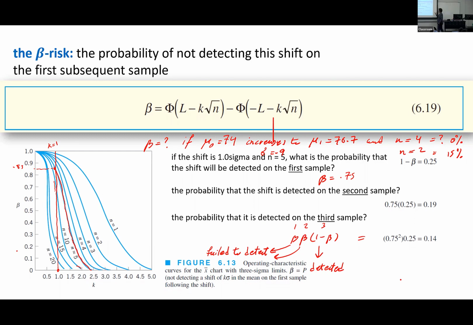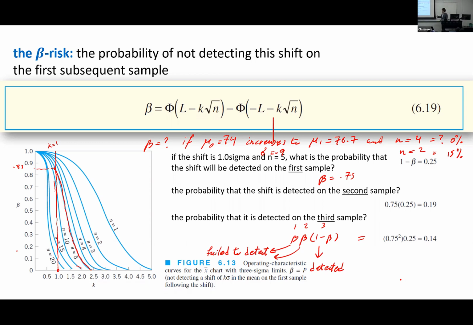So now I'm interested in one value. Here you see the probability of catching it on the third sample is 14%, second sample 19%, first sample 25%, right? But I'm interested to see, for a given sample size, what's the average place where I catch it?